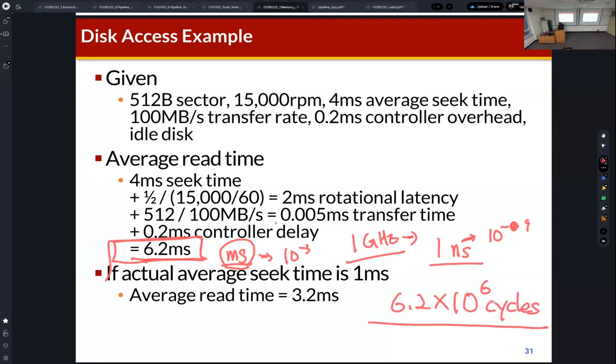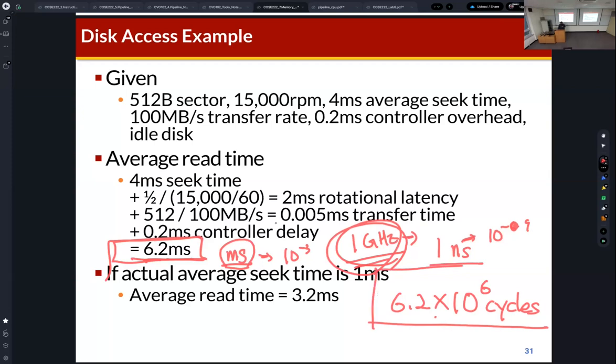Okay, so 1 gigahertz CPU. Okay, so which means if the data is in the magnetic disk, and if a certain program requires the data in the magnetic disk, then in order to read this data, the CPU needs to wait for 6.2 multiplied by 10 to the power of 6 cycles.